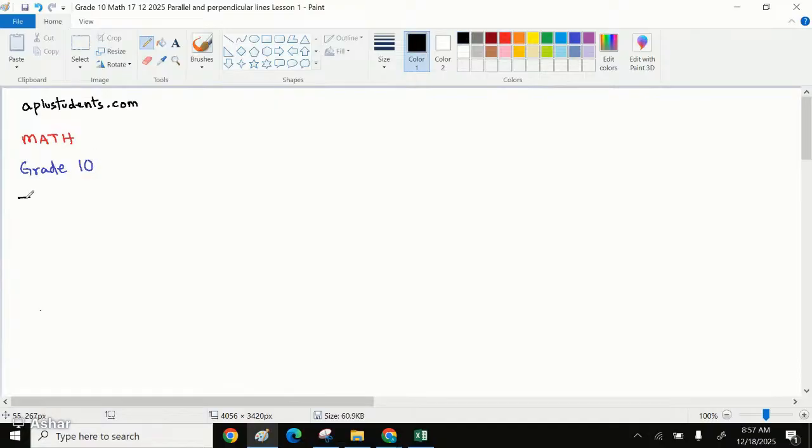The topic for today is finding parallel and perpendicular lines, right? So parallel and perpendicular lines.